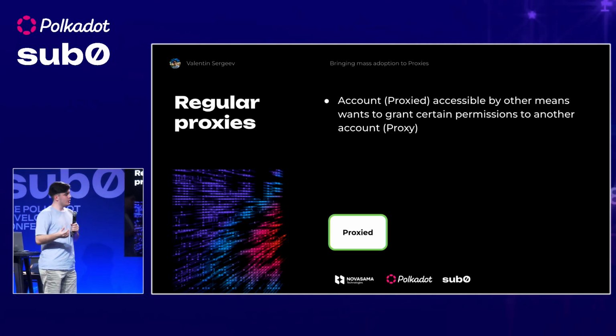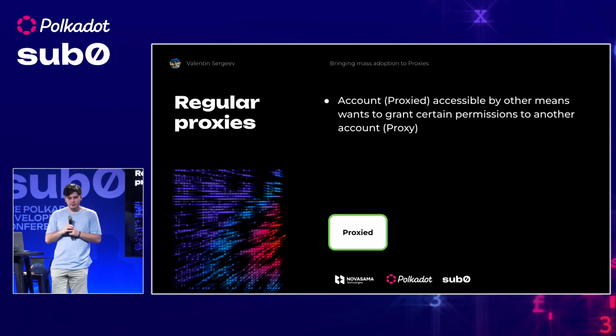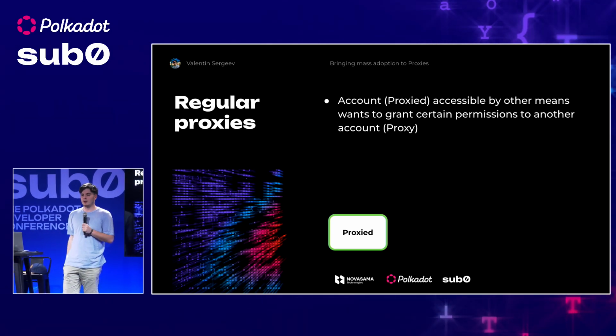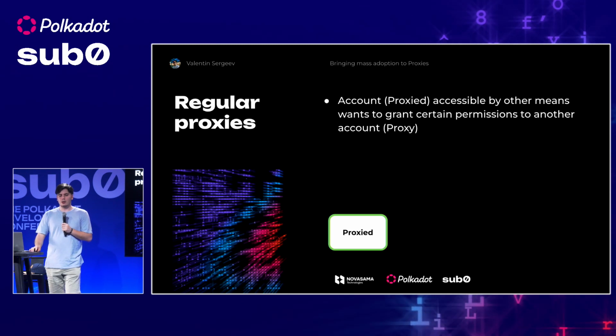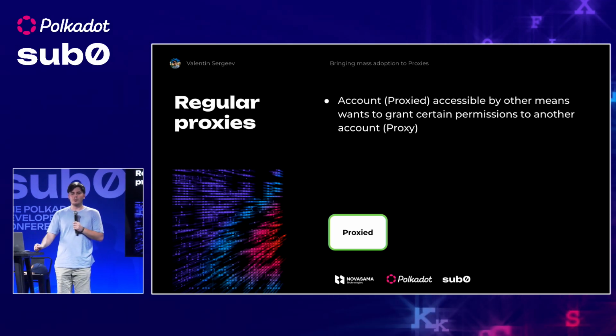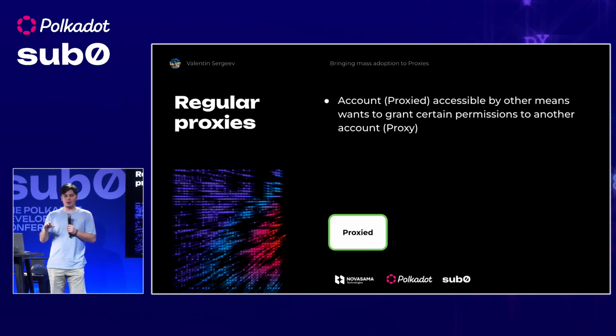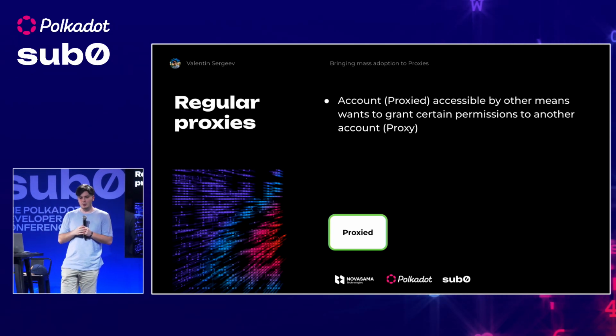Initially there is a proxied wallet, which is our wallet, which might be my cold wallet or some other wallet I want to grant certain permissions from. It's named proxied here, and will always be labeled that way throughout the presentation.